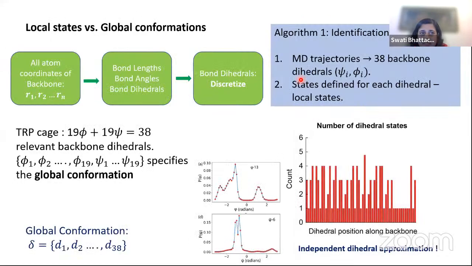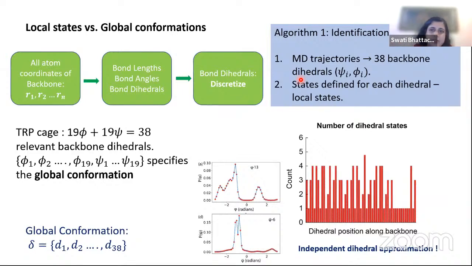So the first thing is, what do we mean by states, or what do we mean by local states? In this study, I have ignored side chains completely and I'm focusing only on the backbone. In fact, using just the phi and the psi dihedrals, we can build up the conformation of the peptide backbone.